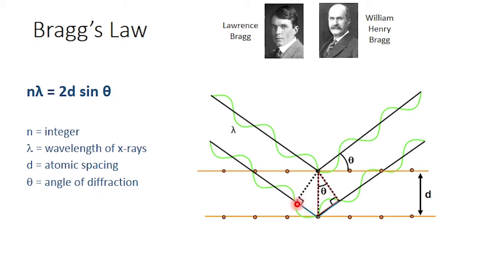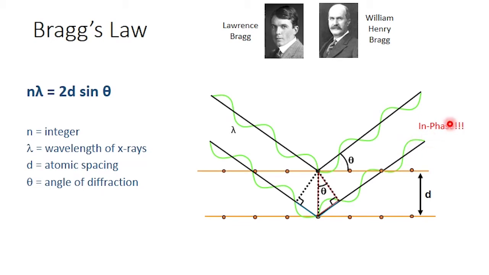Now, of course, the second wave has traveled twice that distance, and so we added 2 into the equation. And we say that when that distance is equal to an integer number of wavelengths, then we've met the Bragg condition. And when that happens, we have what we call in phase, that these waves are in phase. And that's what gives us signal in X-ray diffraction.